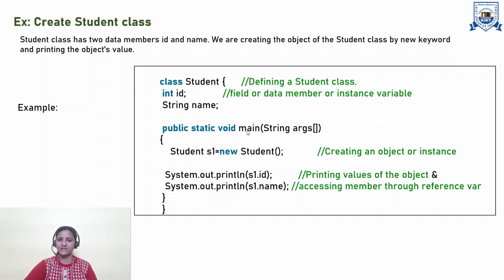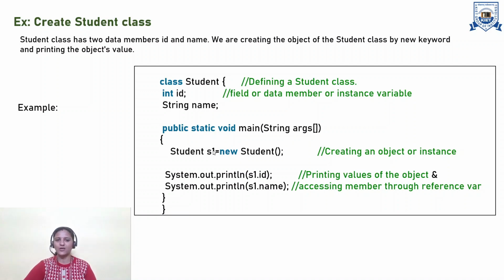Inside the main method, we are going to create an object for this class, you can say an object or an instance of the class. For this Student class, we are creating an instance or an object, and this is possible only with the help of the new keyword and this class name. This way, we create an object or an instance.